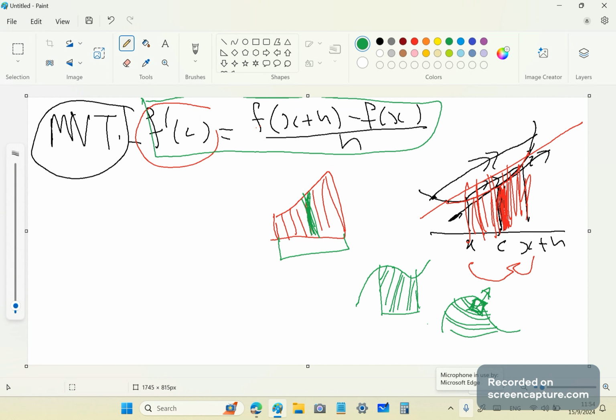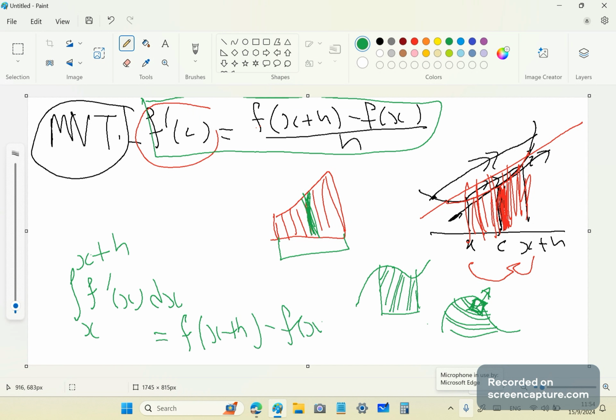Okay, so you cannot do anything in calculus. So for example, if you have the integral of f prime of x dx from x to x plus h, you cannot say it's equal to f of x plus h minus f of x unless both these functions are smooth. Okay, they have to be smooth.